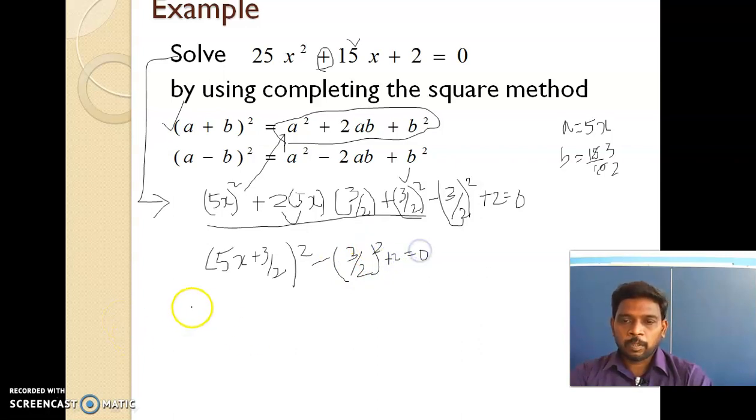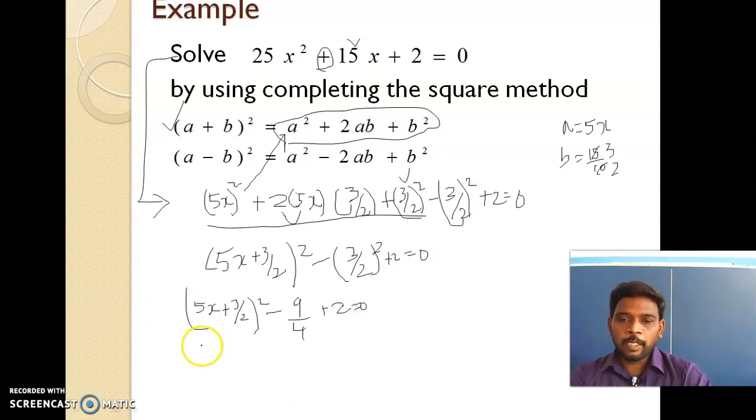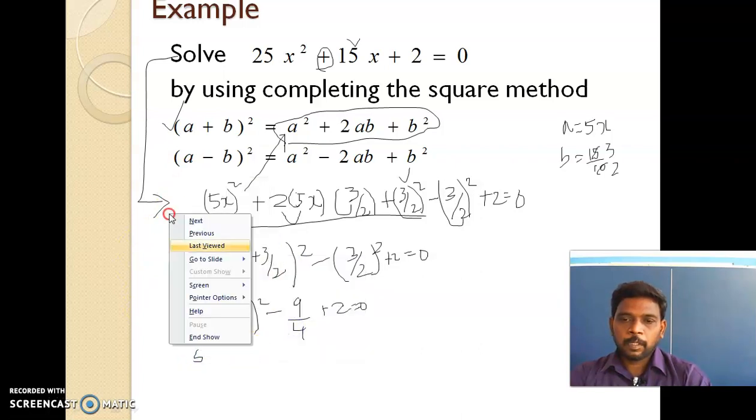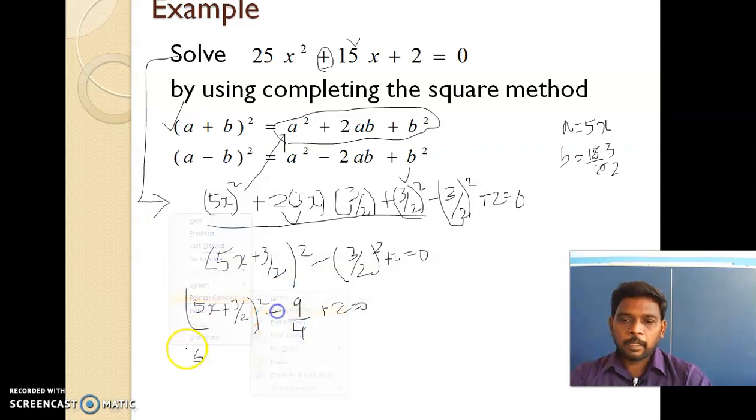Right. So the first term as it is, that is 5x plus 3 by 2 whole square, and minus, when we apply the square, it will become 9 by 4, plus 2 equal to 0. Then again 5x plus 3 by 2.